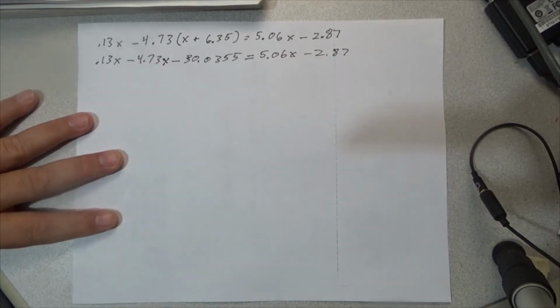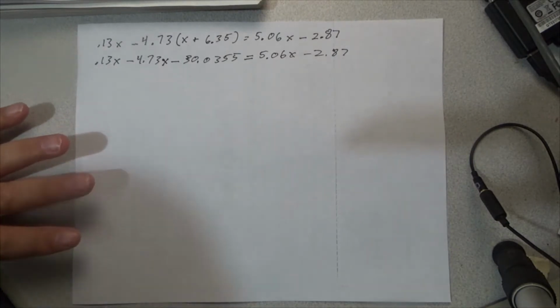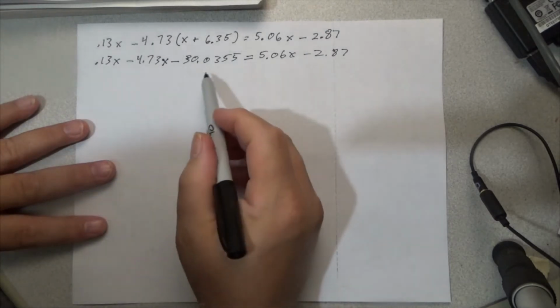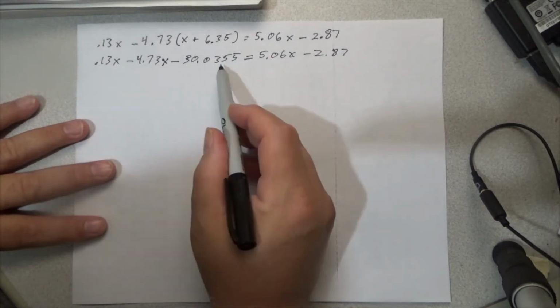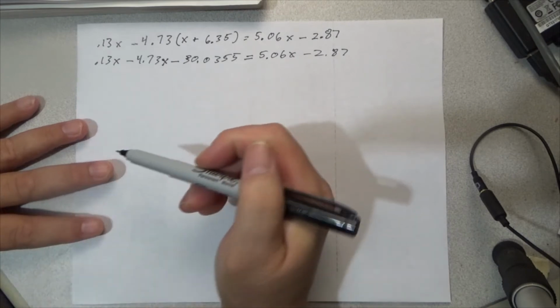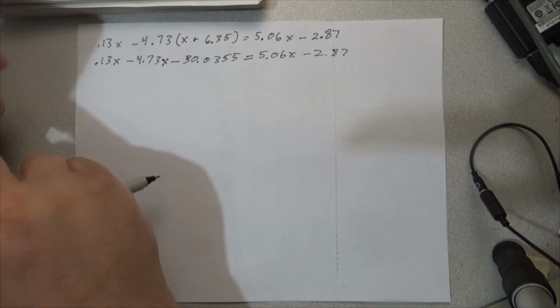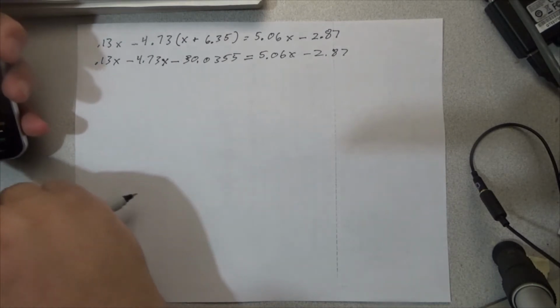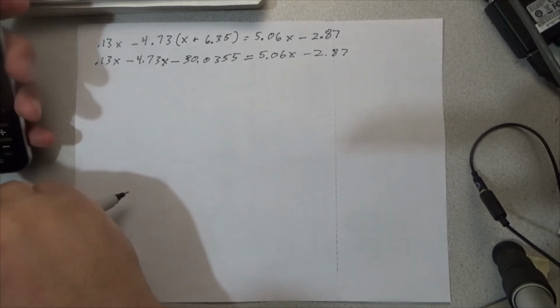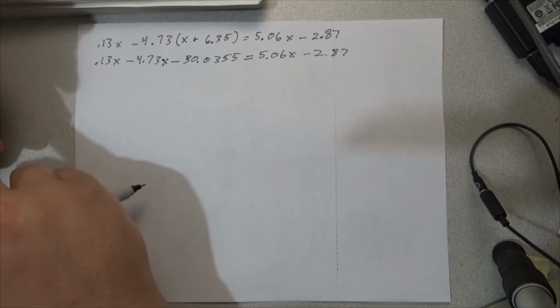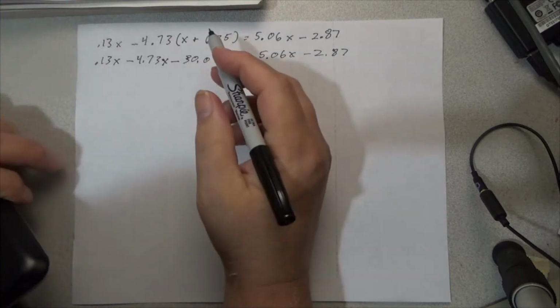Okay, so next thing that it says to do is combine like terms on each side. So let's see here. I've got, this is a constant term. Here's two x terms. So I will combine them. And so 0.13 minus 4.73 is a negative 4.6.